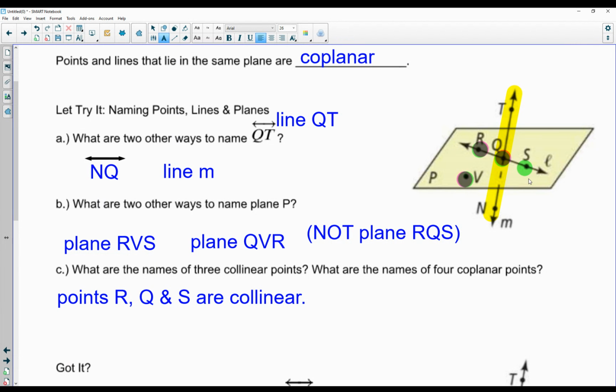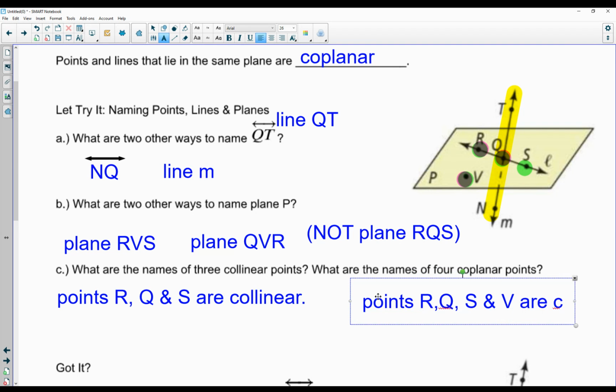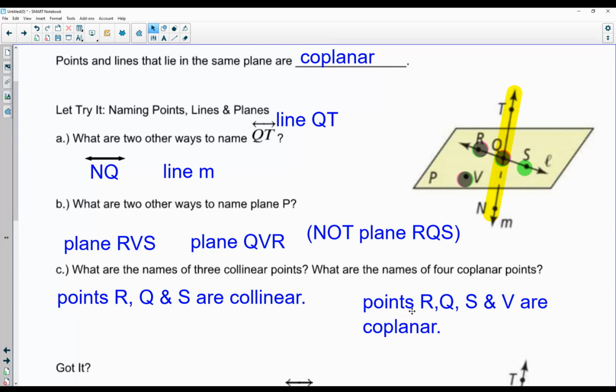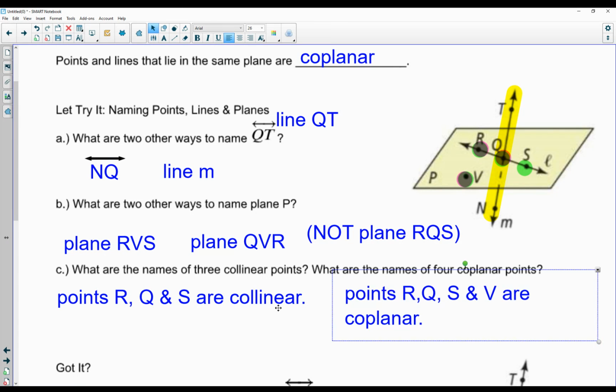On this big yellow plane, we have points S, Q, R, and V. So points R, Q, S, and V are coplanar. And there we have it. So that was practice with using terminology like coplanar, collinear, naming lines, and naming planes.